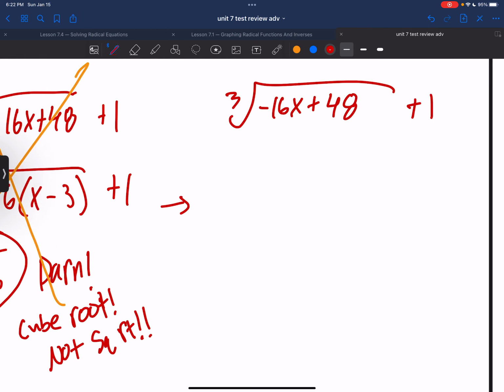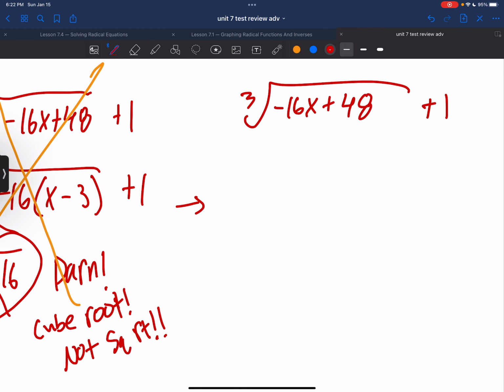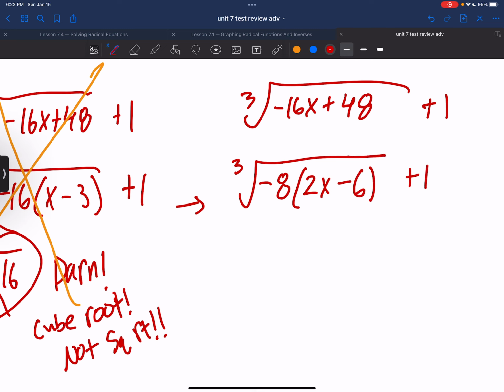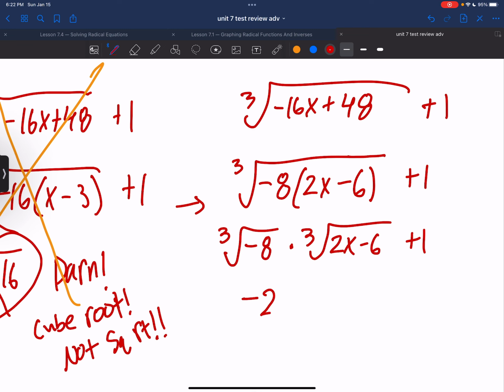So I can take the cube root of 8, though. So I say cube root of negative 8. And then here I've got 2x minus 6. All right? And then plus 1. Now you can separate this as cube root of negative 8 times cube root of 2x minus 6 plus 1. So that's cube root of negative 8 is negative 2 times cube root 2x minus 6 plus 1.